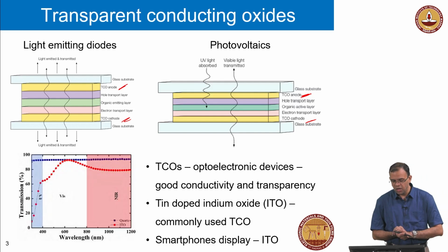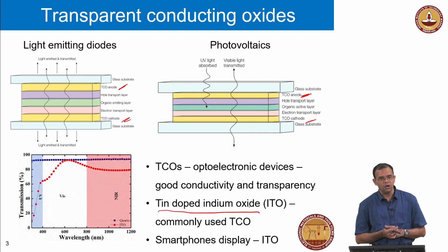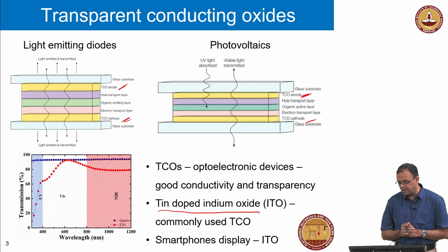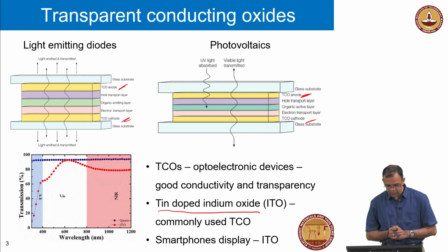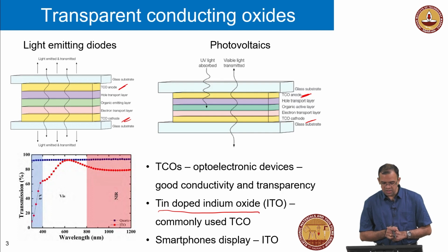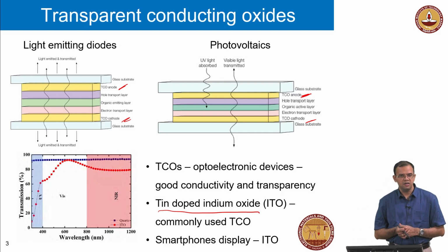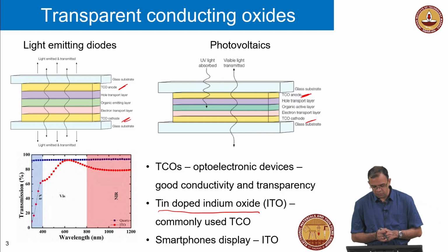Whenever we think about TCOs, indium tin oxide is probably the most widely recognized and widely used TCO commercially. ITO is nothing but indium oxide which is doped with tin, and we will see the reason for doping in a minute.